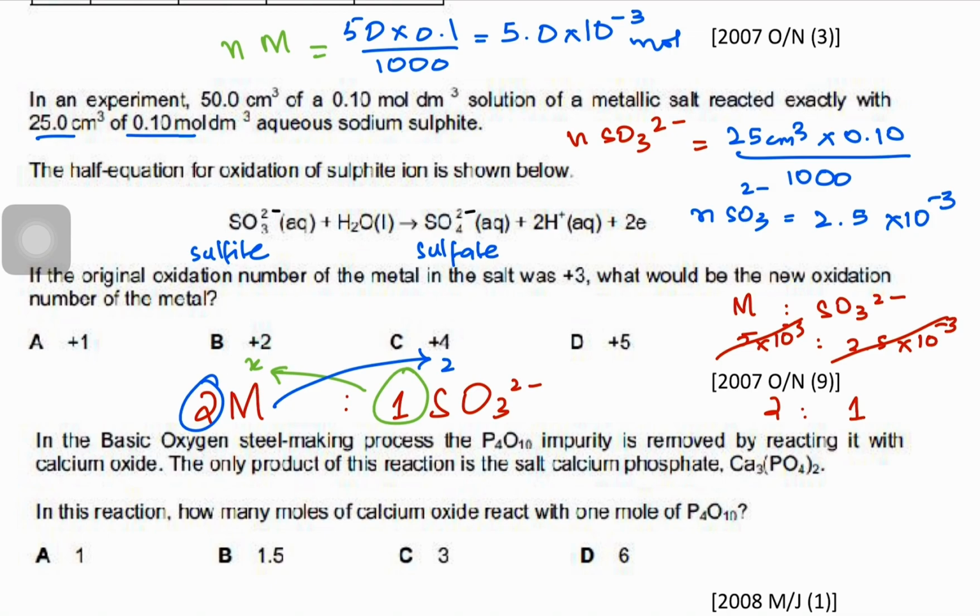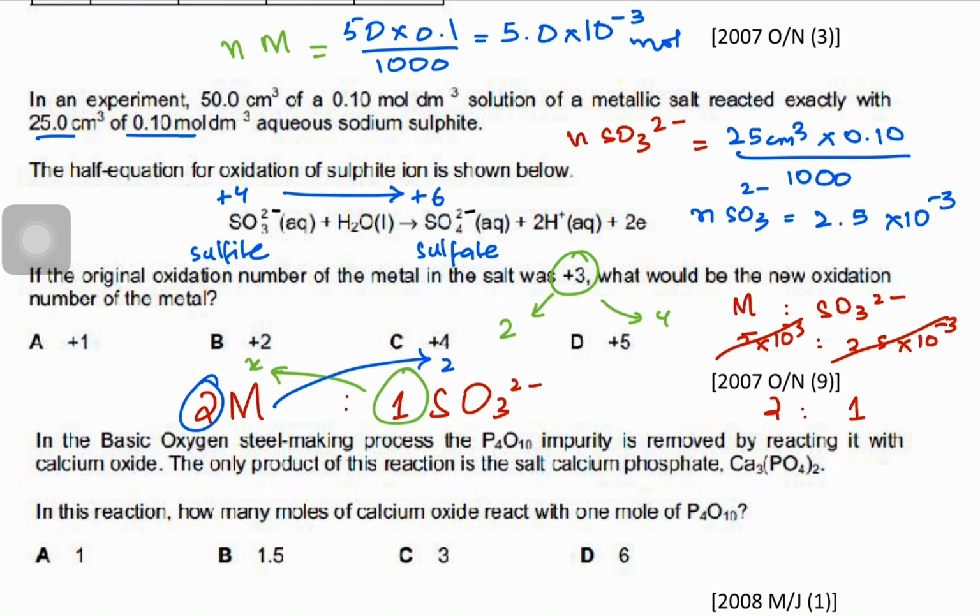We are concerned with the change in oxidation number of metal. It is 1 unit. The beginning was 3. The ending should be either 2 or 4. Now how do we pick? Focus on the fact that the oxidation number of sulfur is increasing. Sulfur is changing from plus 4 in sulfite to plus 6. It is increasing.